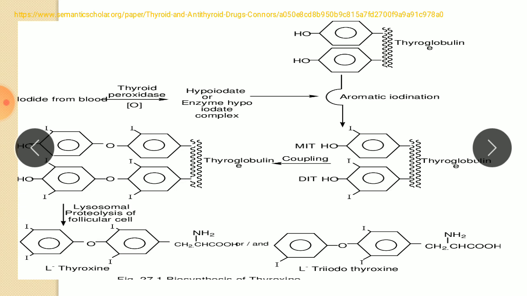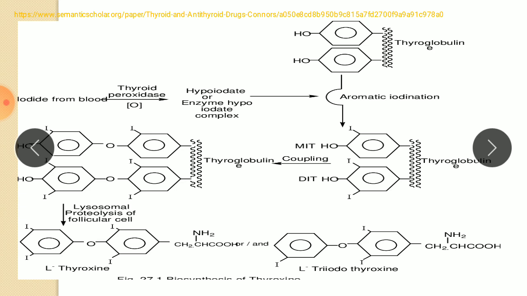So in this step, after uptake of iodide in the first step by the iodide pump, this iodide is converted into a highly oxidized form by the enzyme thyroid peroxidase, also called TPO, which is a heme-containing enzyme that utilizes hydrogen peroxide.